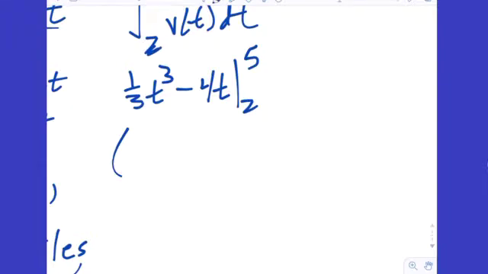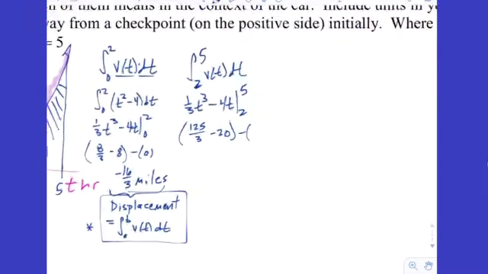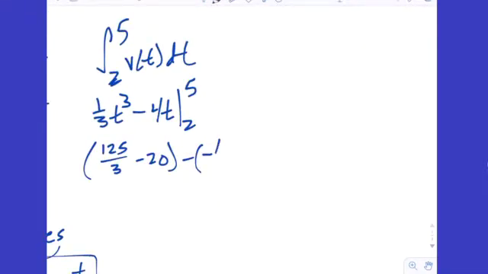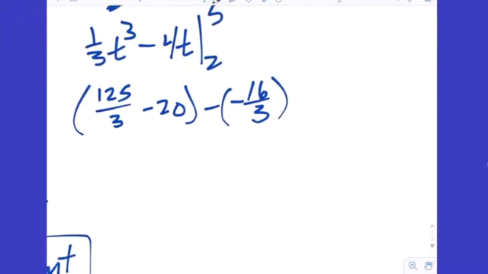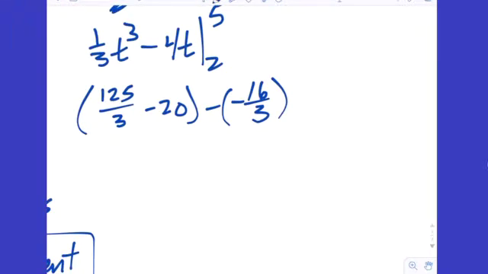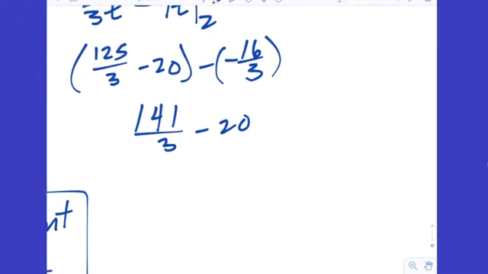But now from 2 to 5, that's going to be 125/3 minus 20, and then minus, when we plug in a 2, just like we did over here, we're going to get negative 16/3. So if you want to simplify that, that's going to be 125 plus 16, that's 141/3 minus 20. So to do that, 20 is the same as 60/3.